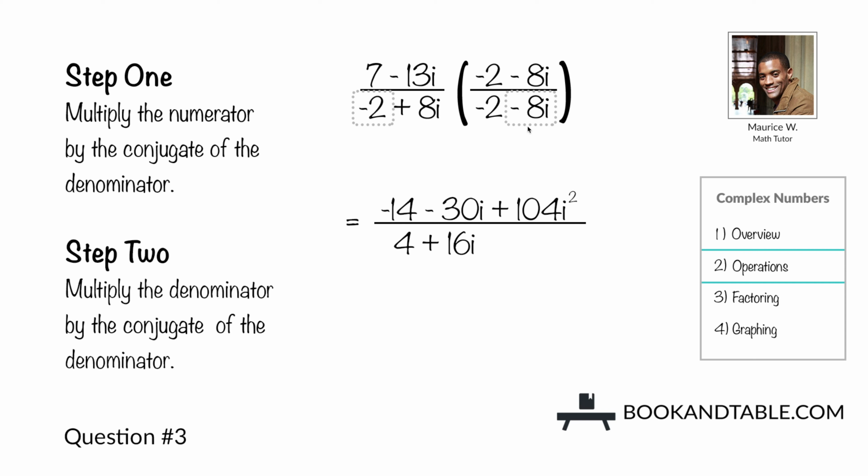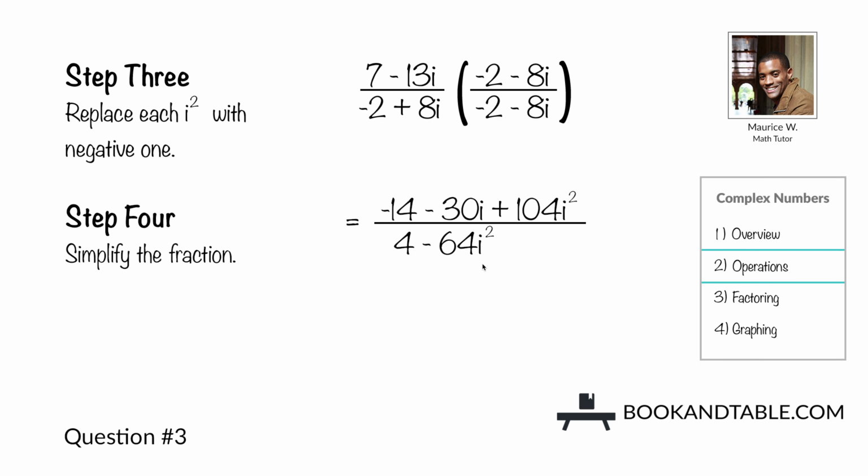Negative 2 times negative 8i gives us positive 16i. Positive 8i times negative 2 gives us negative 16i, which cancels out the positive 16i. We multiply 8i times negative 8i, giving us negative 64i squared.